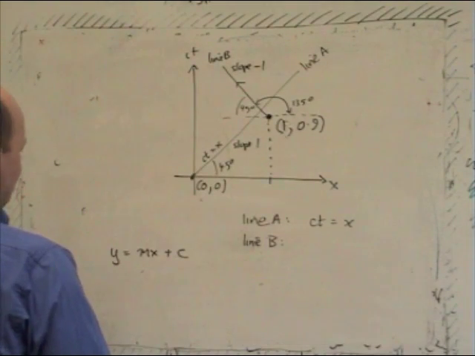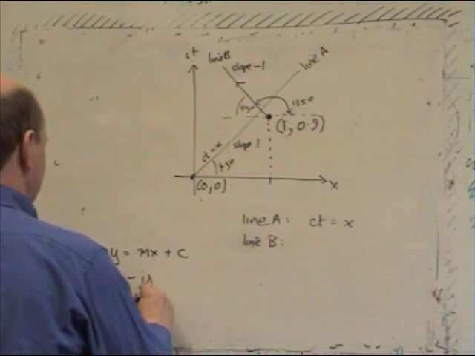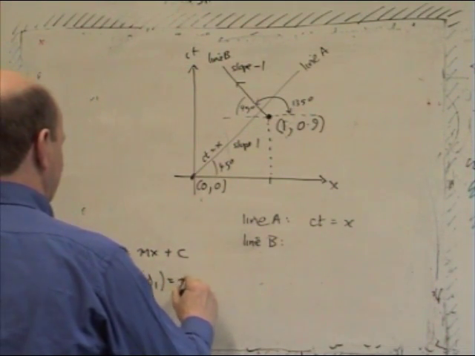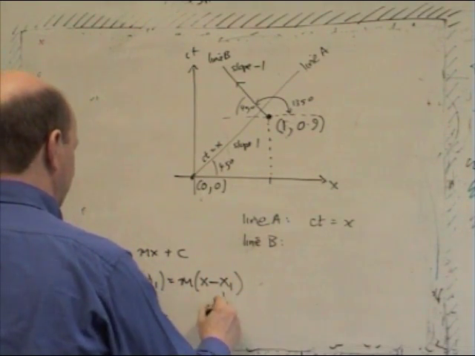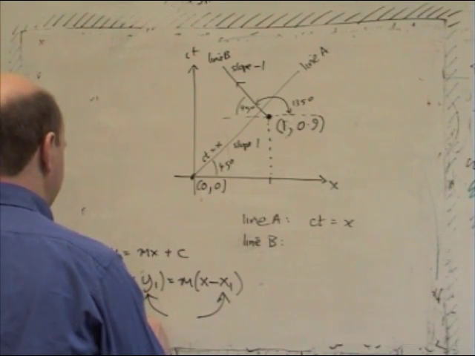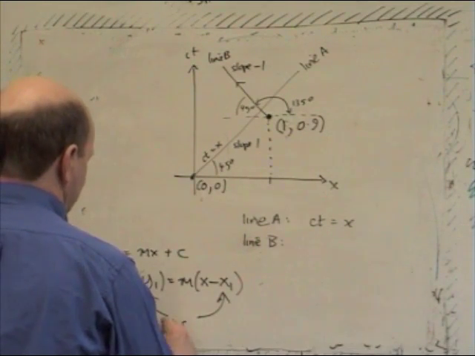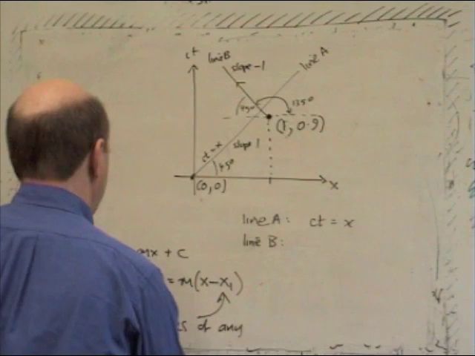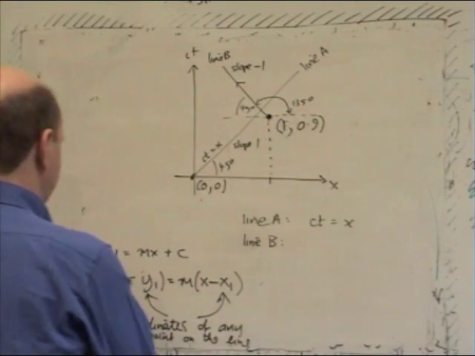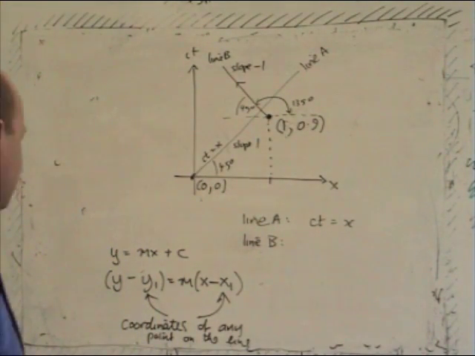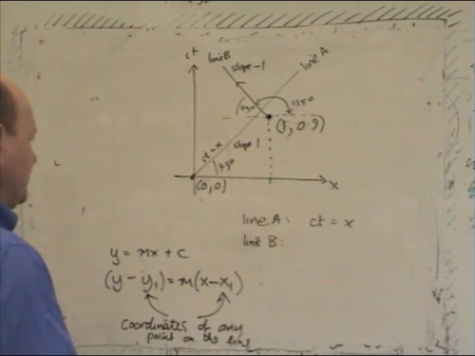You can also show, and you should know this, it is very useful, that another equation for a straight line is y minus y1 equals m times (x minus x1), where y1 and x1 are the coordinates of any point the line passes through. And y is, as usual, the vertical axis, and x is the horizontal axis, and m is the gradient, or the slope.